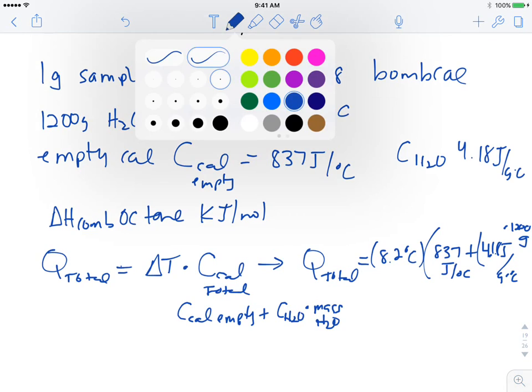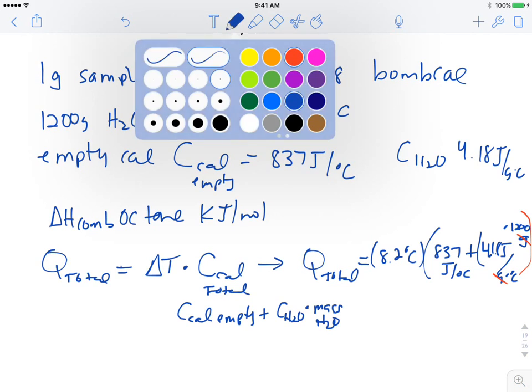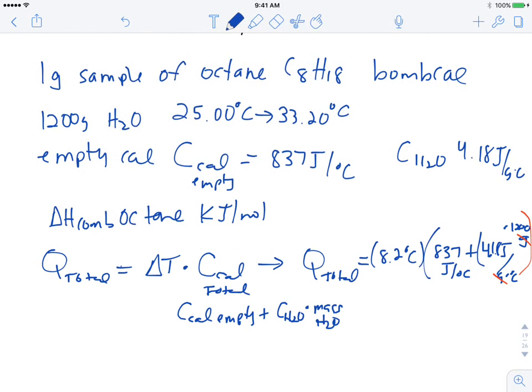So look at what happens to my units here. My grams will cross out with my grams. And now I can do all my math together. I do 4.18 times 1,200, that gives me the water component, plus 837.